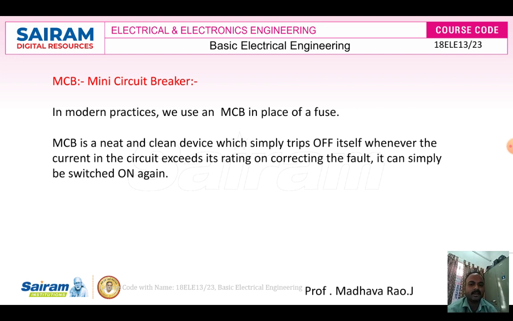The MCB is a neat and clean device which simply trips off by itself whenever the current in the circuit exceeds its rating. So whenever current exceeds the rated current, the MCB automatically trips off.